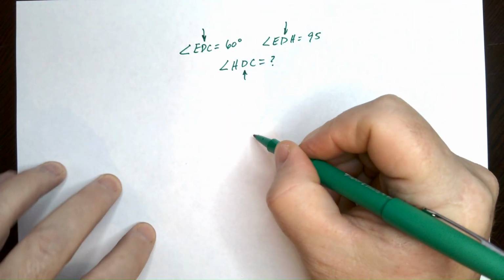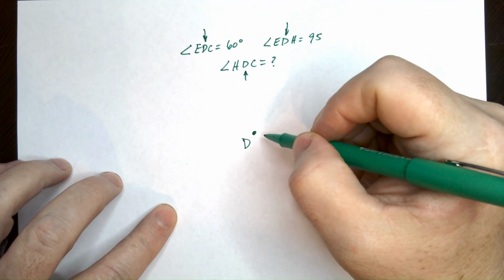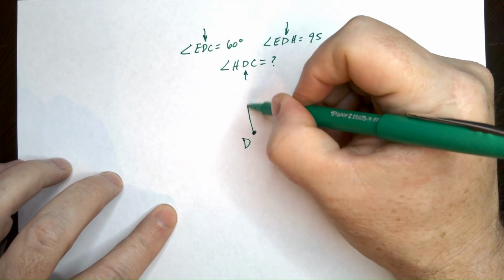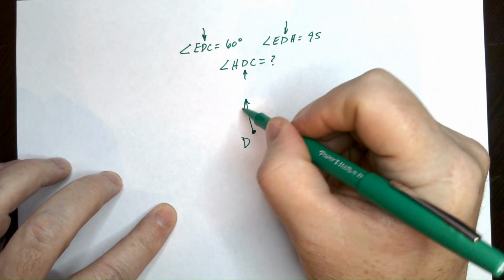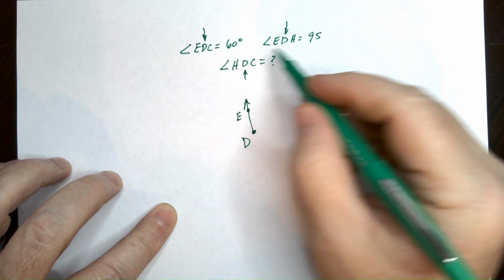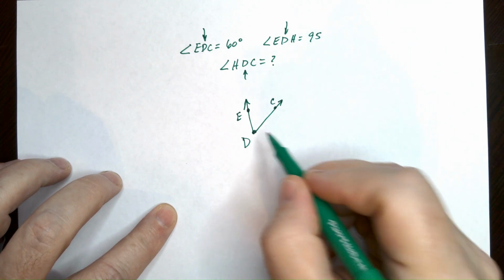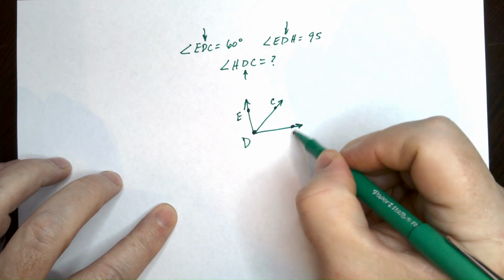So if I were to draw my point here, D, and then look at this, EDC. I'm going to say E is over here, and you see how this is smaller than that one? So C is going to be here, and H is going to be here.